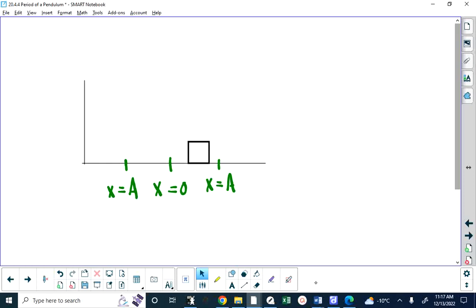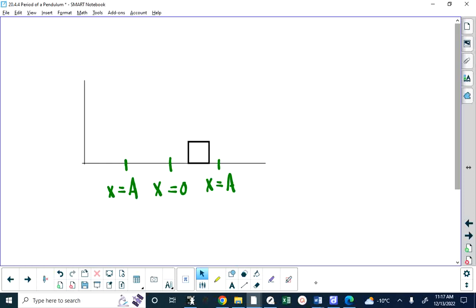I'm going to do my best to show this to you in terms of the directions of the forces on the pendulum. We know that gravity is what's responsible for it moving, right? Gravity is what's responsible for pulling it from here down to here. But gravity acts downwards.